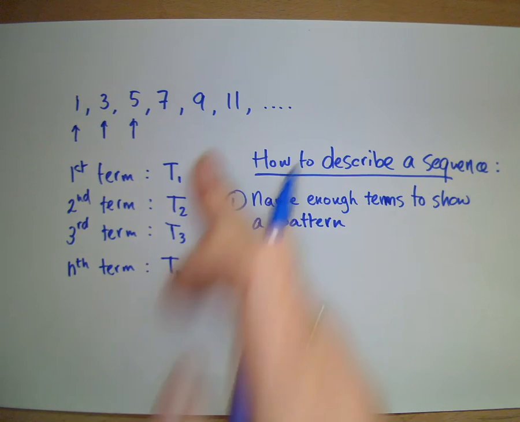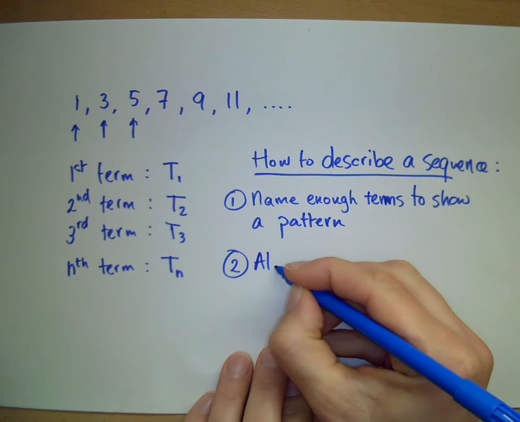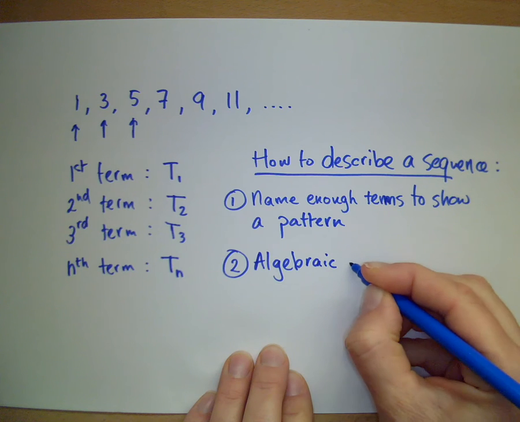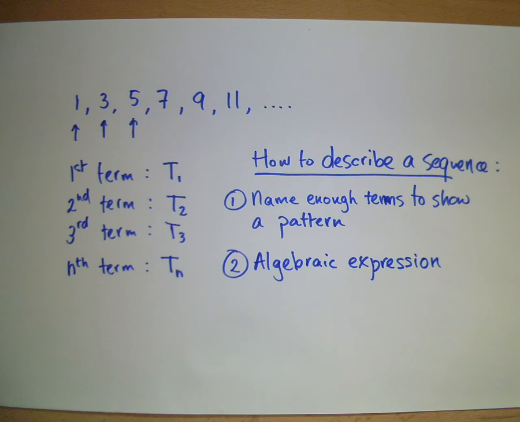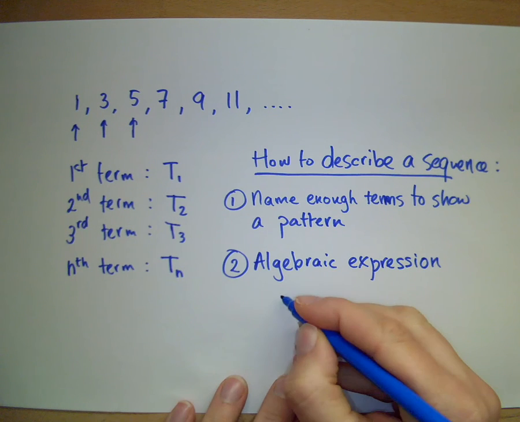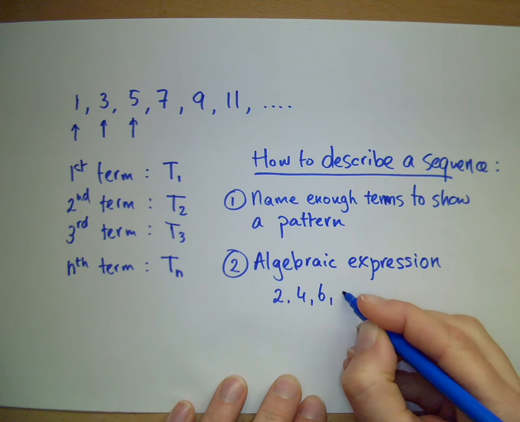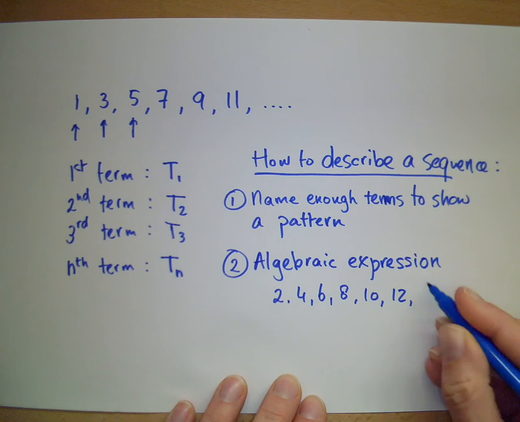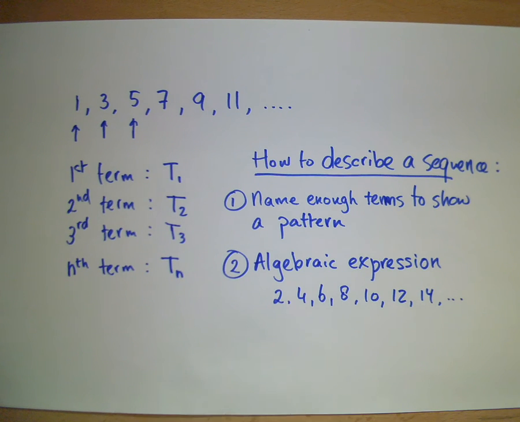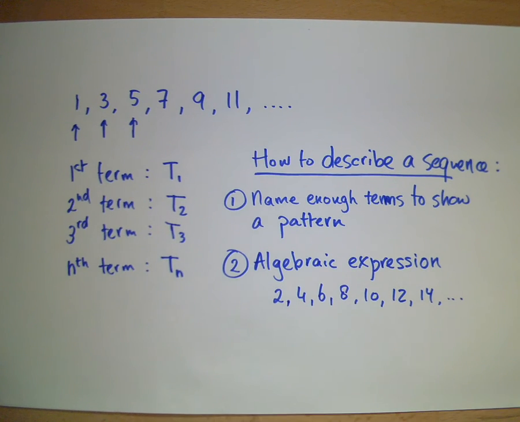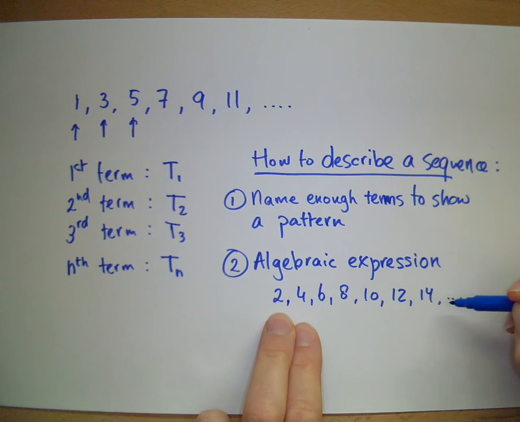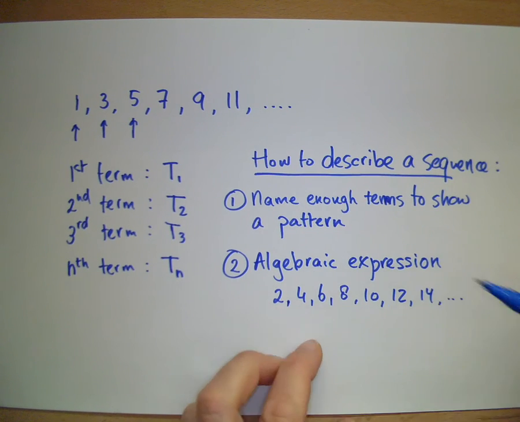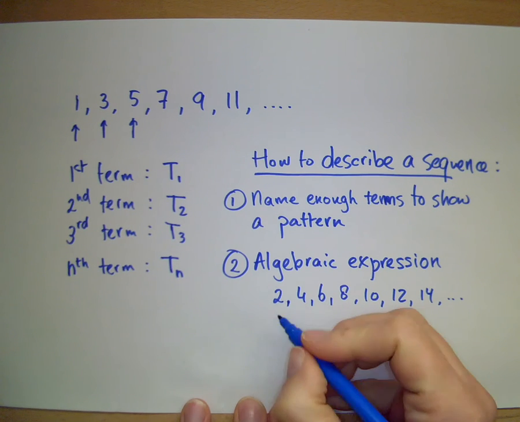Another way to describe this sequence would be with an algebraic expression. Let's take this one again: 2, 4, 6, 8, 10. I'm picking easy ones. Okay, I've just actually named enough terms to show a pattern, but say for some reason it would be really hard to see the pattern, we could also use an algebraic expression to describe it, which would look a bit like this.